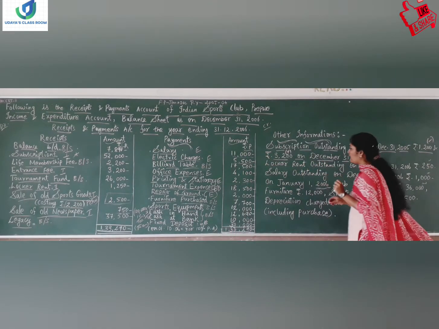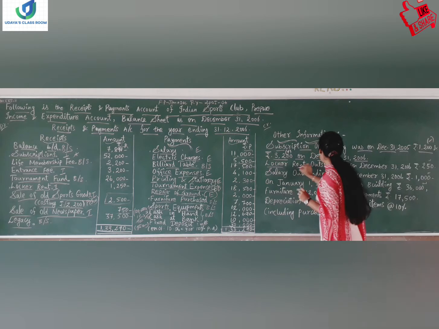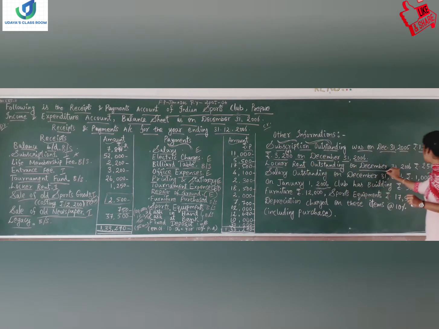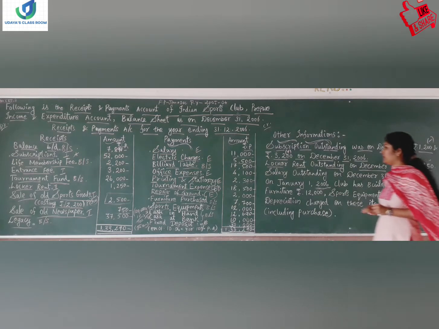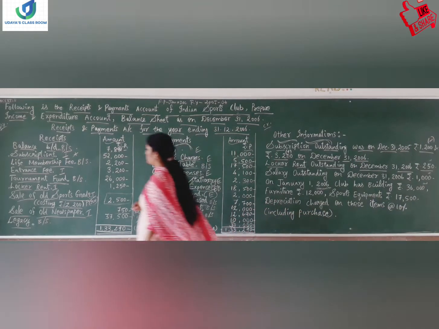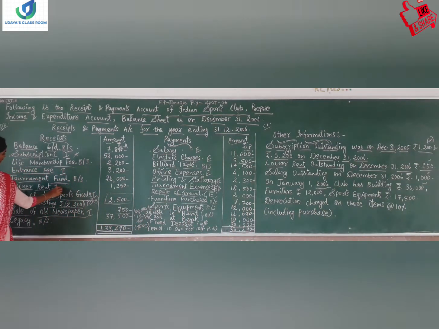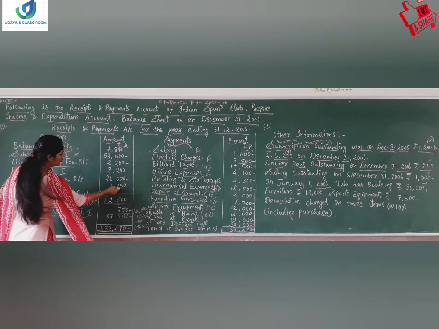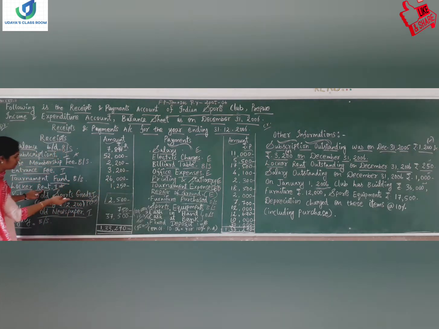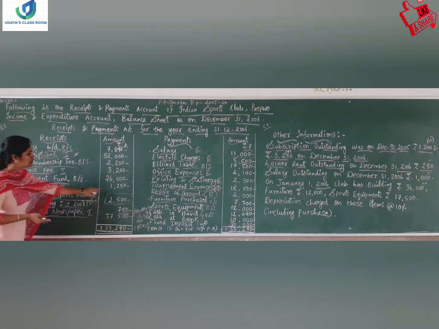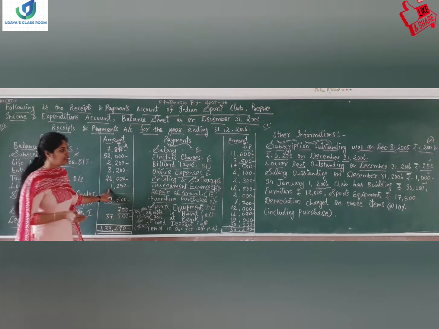And moving on to the next adjustment, local rent outstanding on December 31st, 2006, rupees 250. So where is the local rent? Here is the local rent. So let us put a star mark here. So for the local rent, we have received 1,250 rupees income receipt. It's a receipt, right? So the 1,250 we have received for the current year.